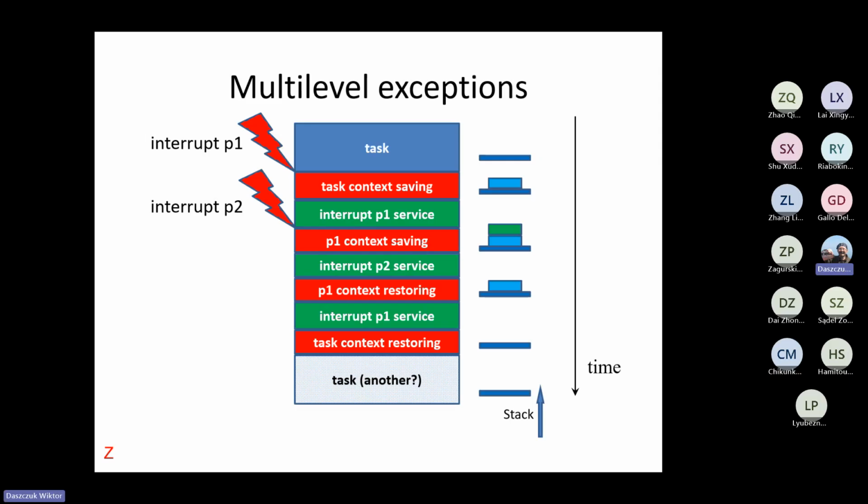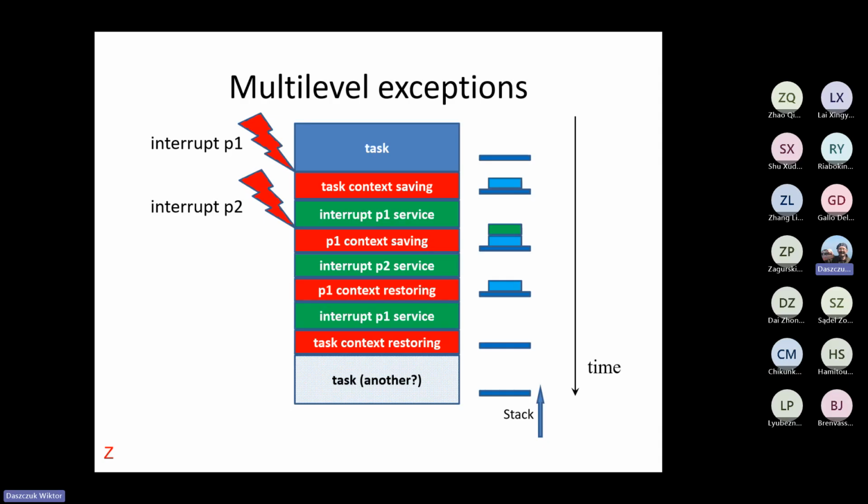Now a second interrupt comes with higher priority. So we save the context of serving P1 on the stack. This is the context of serving P1, and we start serving P2. We finish serving P2.